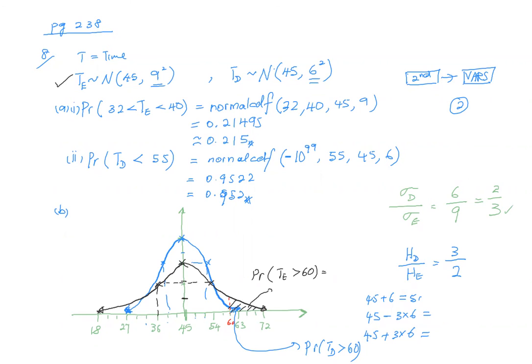Yeah, the inflection point, always remember, is 1 standard deviation away from the mean. But for the 45 one, the blue color point, how do we know it's up to that point?